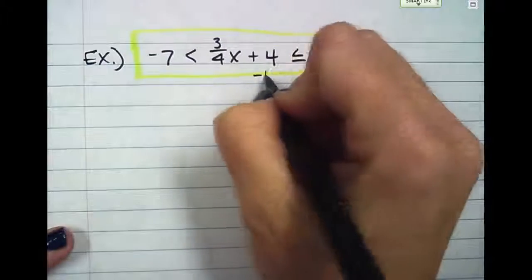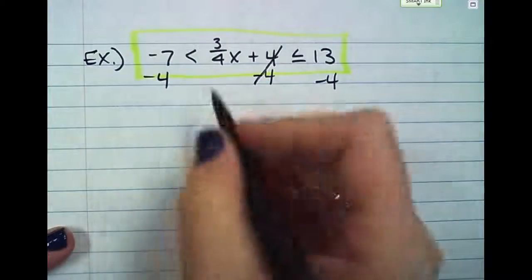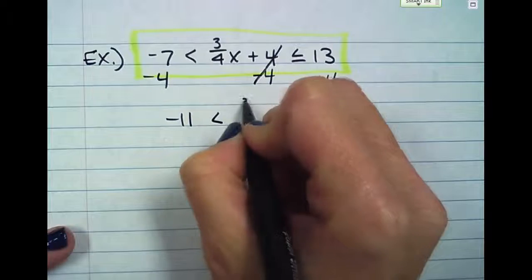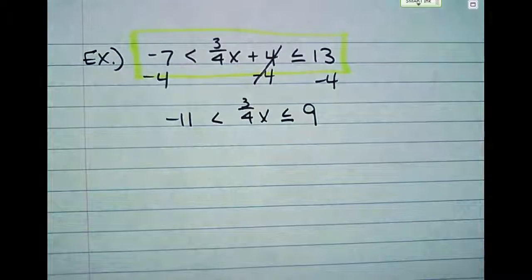Right, I'm going to show my work on this. Subtract 4, and subtract 4. Which gives us negative 11 is less than 3/4 x, which is less than or equal to 9. I've discussed this with you a couple of times, but once again, what's the best way to get rid of that fraction? Rather than divide it by 3/4, what's a better way? Multiply by 4/3.